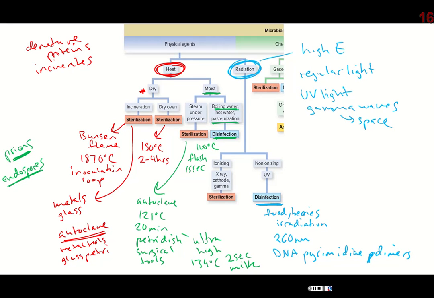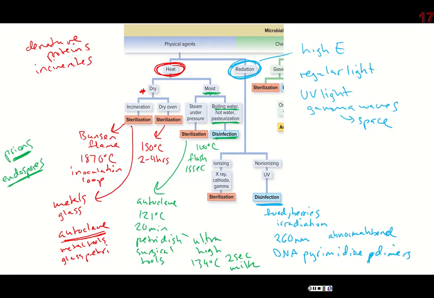So pyrimidine dimers, and you can look up a picture in your book of what they're talking about, but it's just this abnormal bond inside of the DNA that causes mutations, and eventually it causes that microbe to die because it becomes non-functional. So again, this is just disinfection.